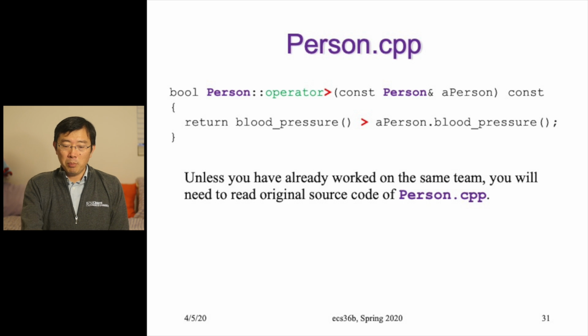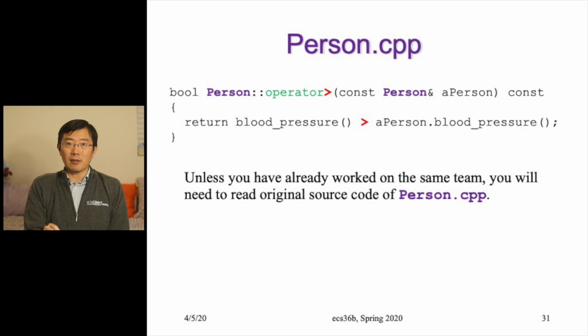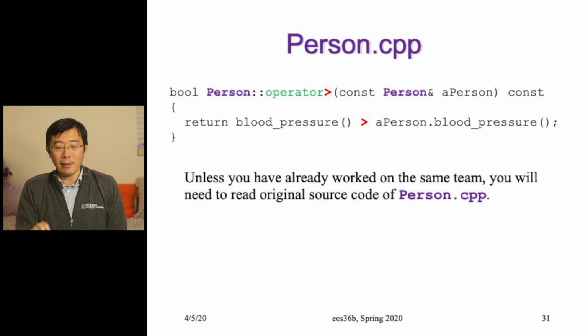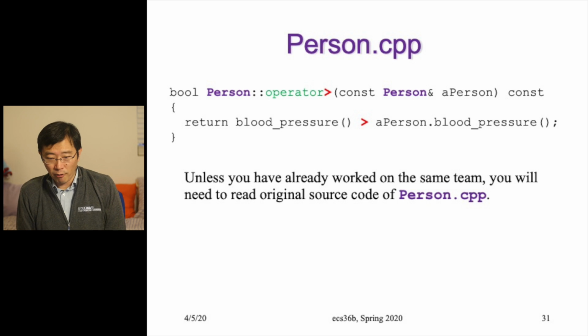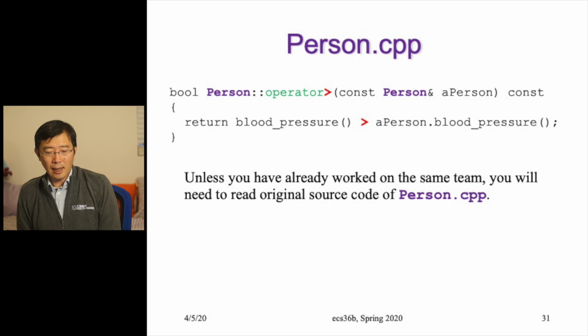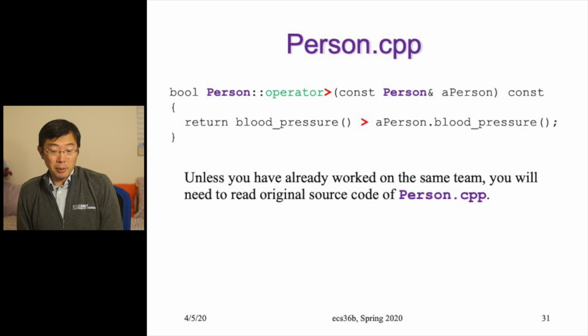It says Boolean Person colon colon. Remember, now we see colon colon. That's called the scope operator. That means this operator is under the class Person, and colon colon is one of the 5 operators you cannot overload. That's another point. But now you can see, unless you look at the person.cpp, you wouldn't know they really compare the blood pressure.